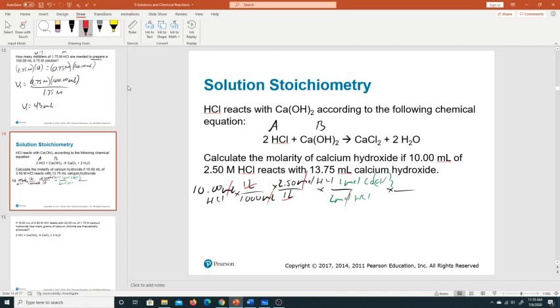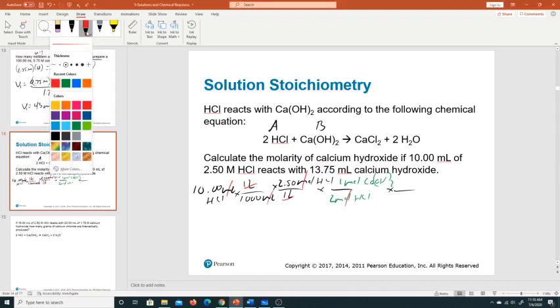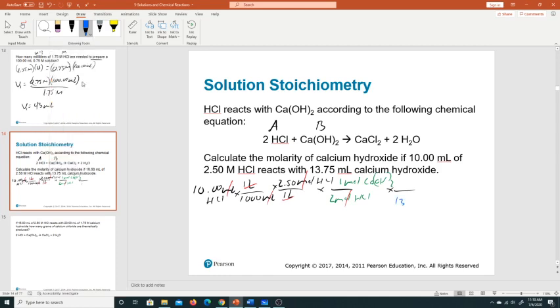Our job is to find the molarity. Recall molarity is moles over liters. And we have 13.75 milliliters. So now I'm going to divide this by the volume of our calcium hydroxide, 13.75 milliliters. That's 1 over 13.75 milliliters.